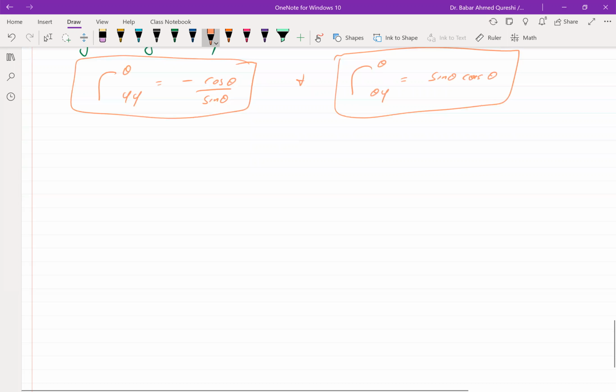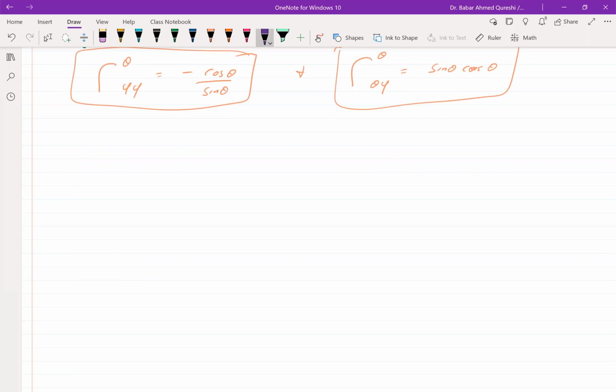Now, using this, let us write the geodesic equation. Is there any question?